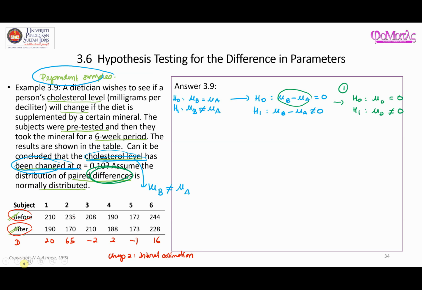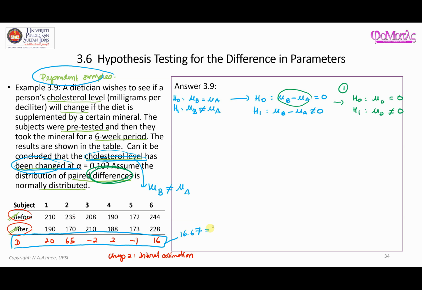So now, based on this new data set, you need to calculate the mean of this new data, and you'll be able to get that the mean is 16.67. So that's the mean.